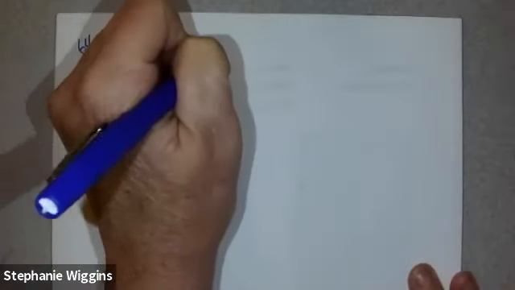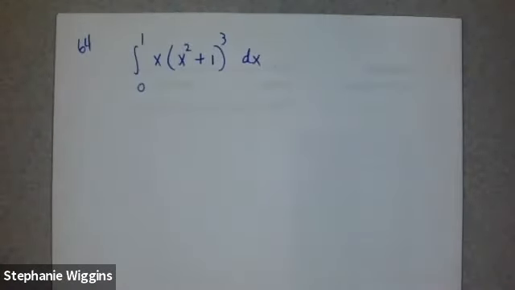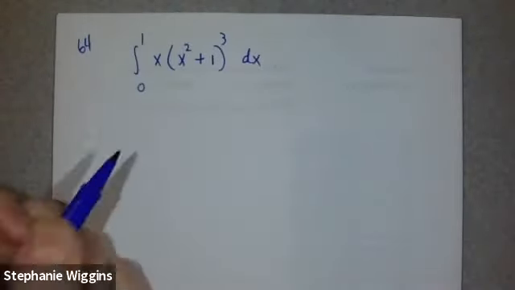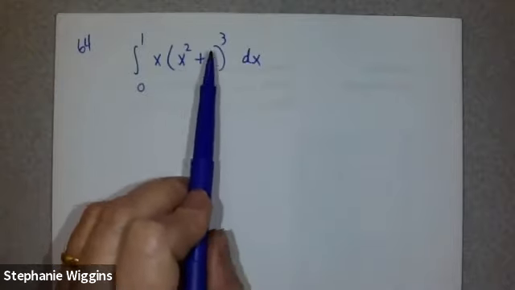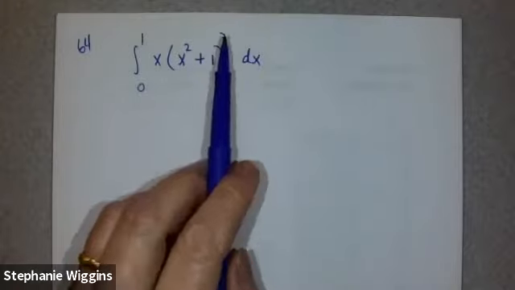64. We have the integral from 0 to 1 of x times (x squared plus 1) cubed dx. Again, you can see something like the chain rule took place here because we've got this inside function, which is inside the cube now.